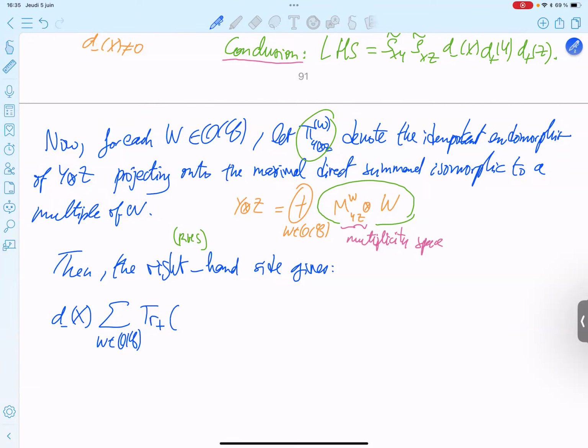Don't worry, it's a little bit complicated. I will write it in terms of picture and it will be much more clear.